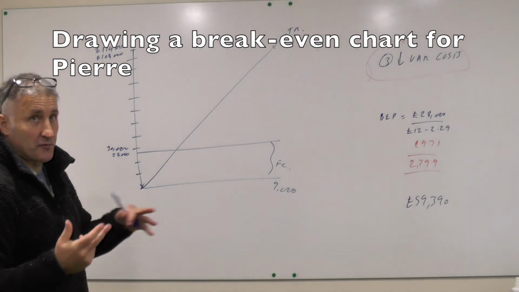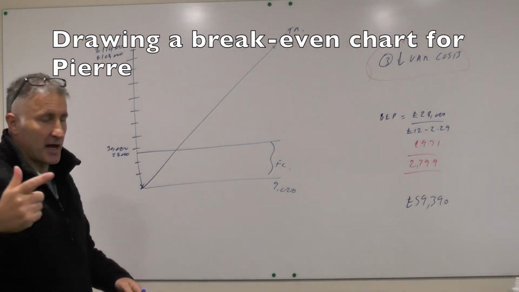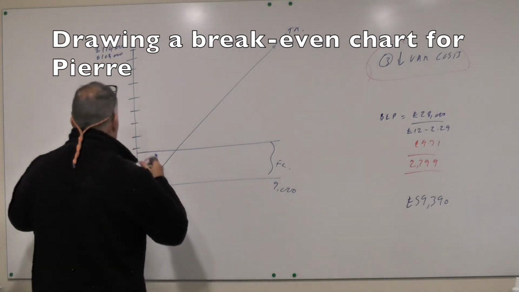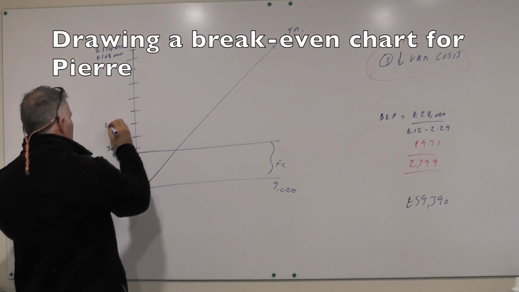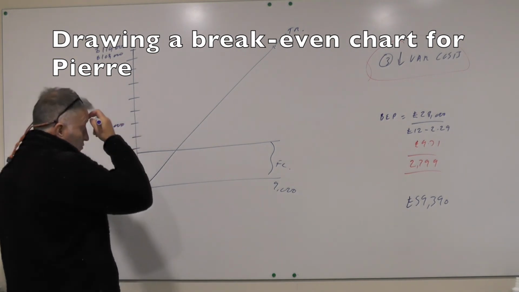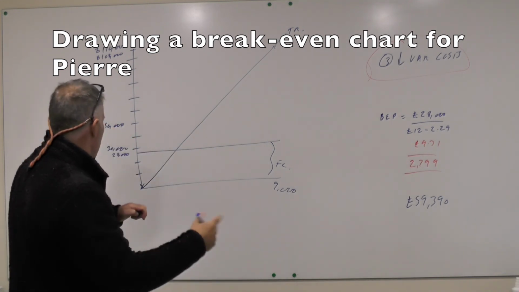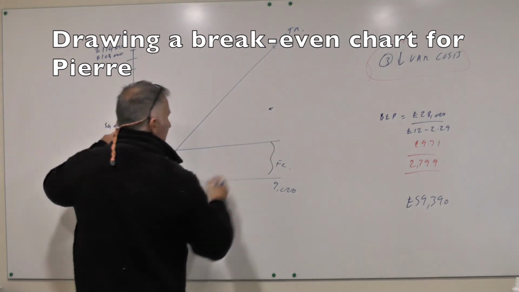£20,610 plus the £28,000. So 9,000 units is going to cost me 28,000 plus 20,610. So that's going to be roughly 50,000 quid, because it's going to be 28,000, 48,610. 48,610 is there.